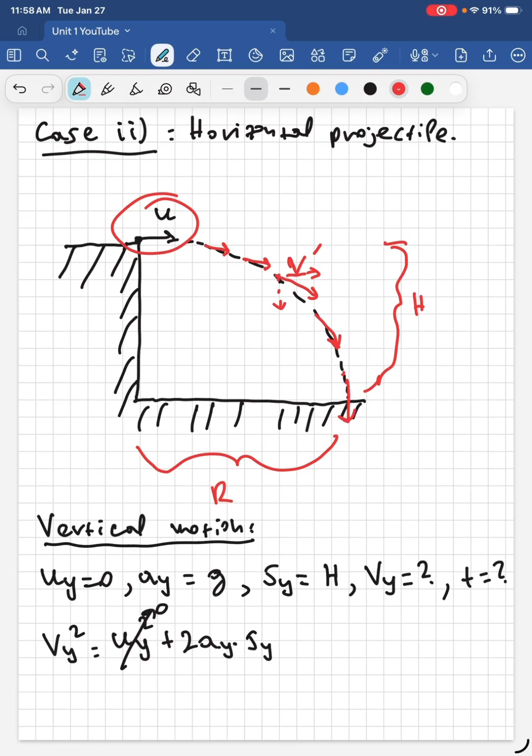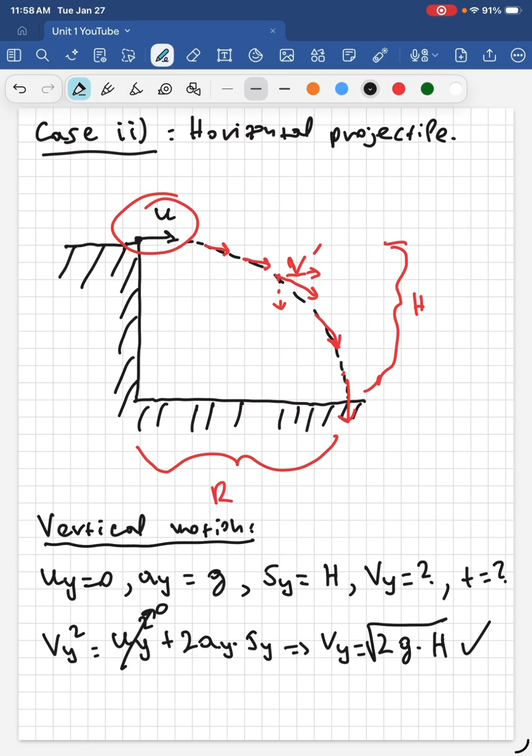It's going to be a maximum right before it reaches the floor. And this is the y direction. So if we plug in everything we know, we find vy is the square root of 2gh. So we found the final speed in the y direction, okay?